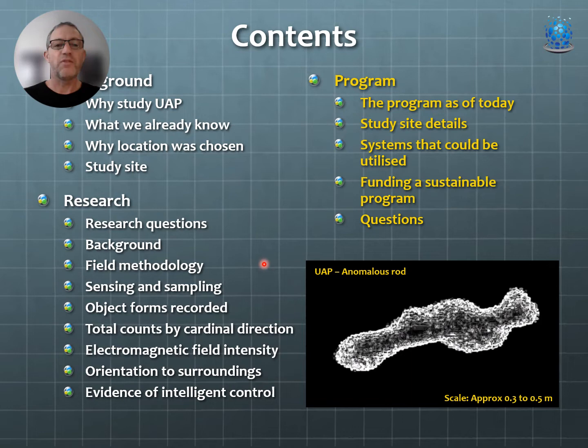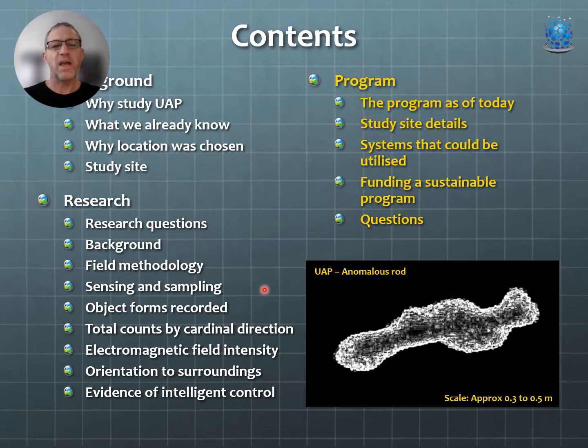And then a look at the field methodology and standardized sensing and sampling, which was really key to the entire research program, was to have something that was rigorous, repeatable, measurable, and able to have statistical modeling applied to it.